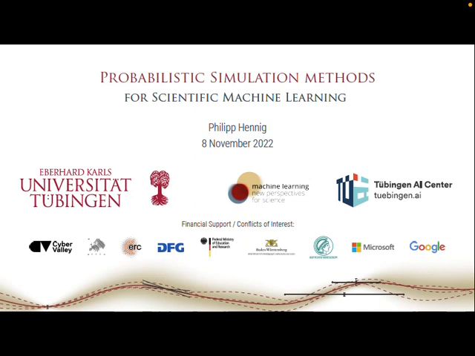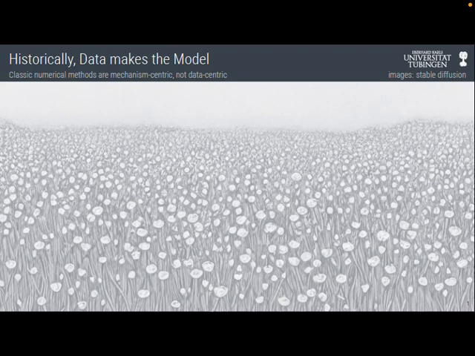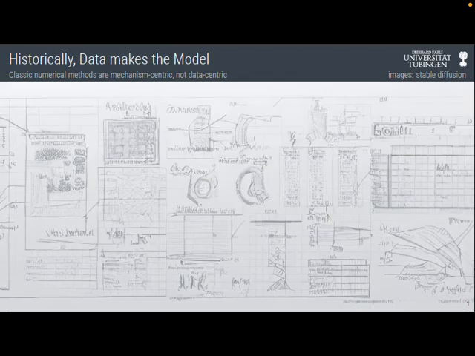So here's a cartoon picture of how the scientific process works, as you might find in a textbook, right? So someone goes out into the field, a domain scientist, and they collect some data. That's something they write in a notebook with their hand, right?